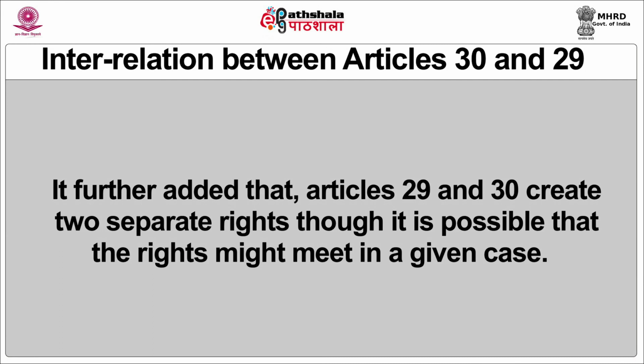It further added that Articles 29 and 30 create two separate rights, though it is possible that the rights might meet in a given case. Article 29(1) does not deal with education as such, while Article 30 deals only with the establishment and administration of educational institutions, and it need not be exercised for conserving language, script, or culture.